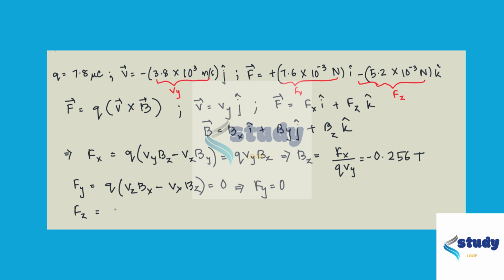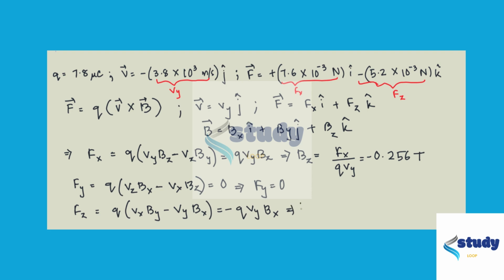So we are going for Fz now, which is going to be equal to q times (Vx By minus Vy Bx). And from here, we know that Vx is 0, so this is going to be negative of Vy Bx.